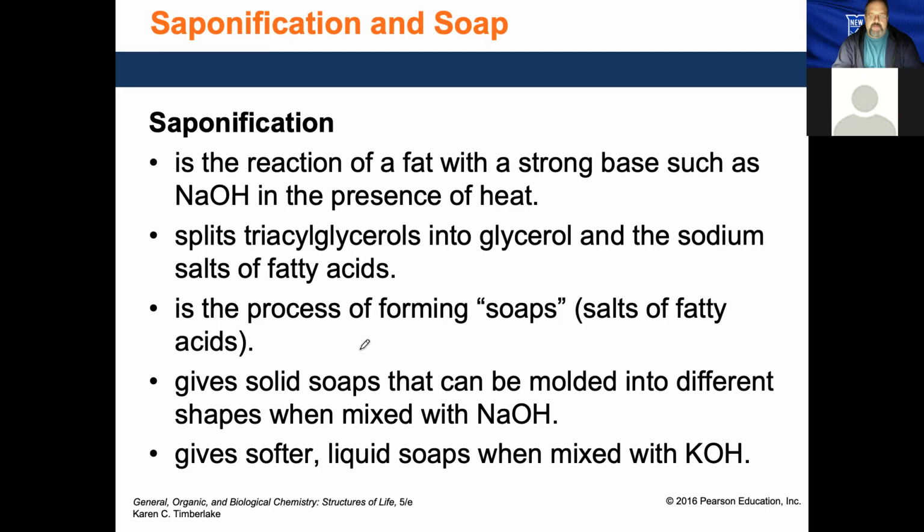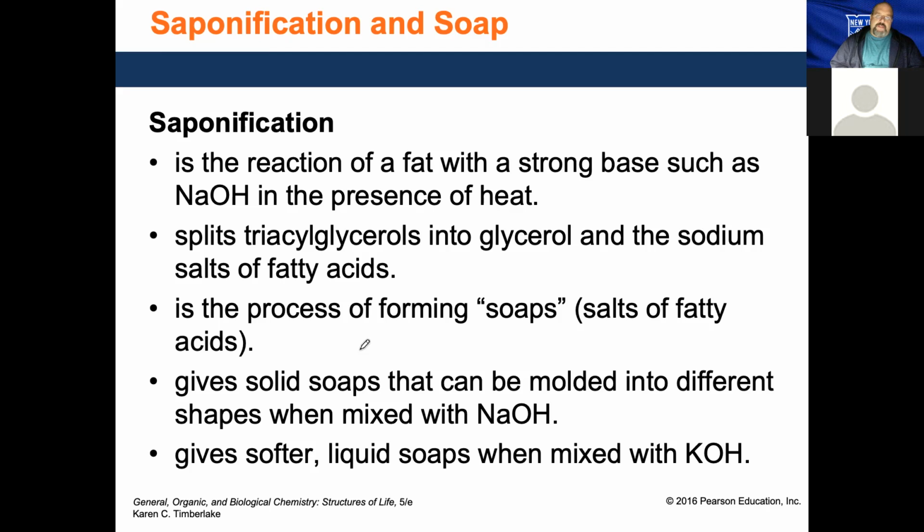Initially, what we get back, instead of 1 carboxylic acid, is 3 fatty acids. But again, you can't have these fatty acids under basic conditions. So what happens to the fatty acids? They become fatty acid salts, as the oxygens from glycerol pick up those hydrogens of the 3 fatty acid molecules.